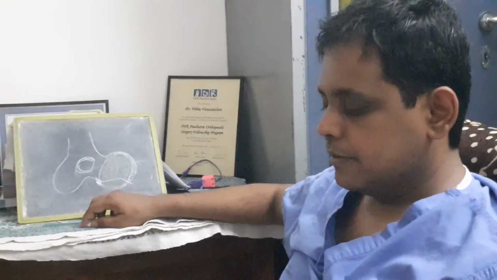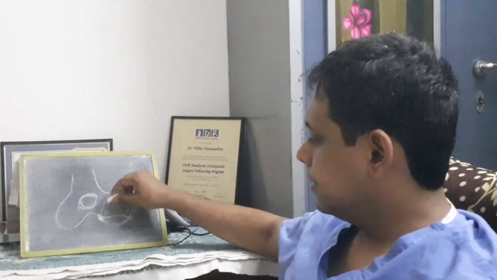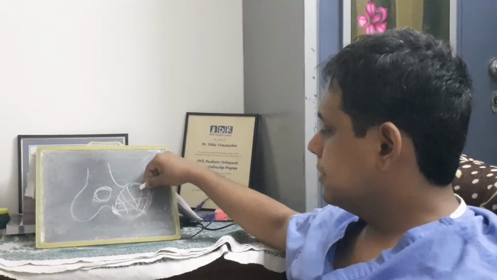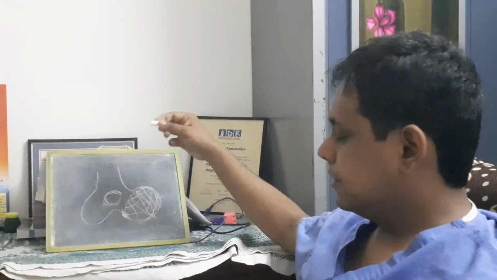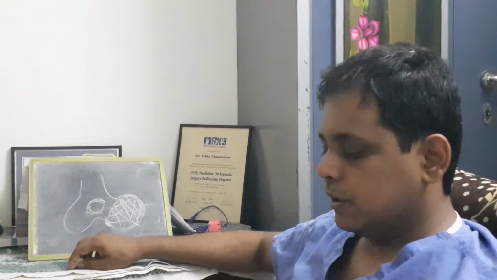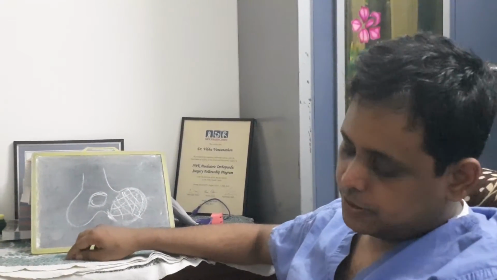Okay, eccentric, abutting the subchondral bone plate, soap bubble appearance. Soap bubble appearance because these are multiloculated lesions. So there are always going to be multiple chambers within the giant cell tumors, and therefore it looks like a soap bubble. Okay, so this is with regard to giant cell tumor. You should know these points.